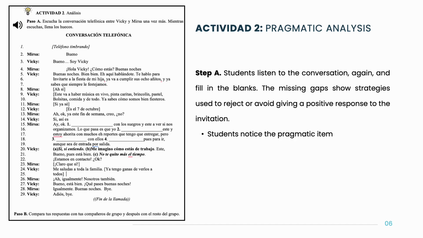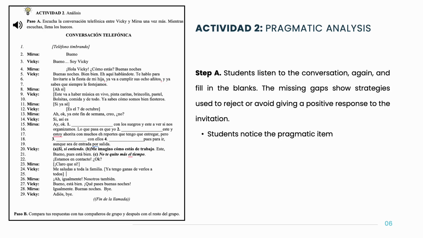Okay, so then the next activity, number 2, students listen to the conversation again, but this time they have to fill in the blanks with some missing information. So the missing gaps show strategies used to reject or avoid giving a positive response to the invitation.